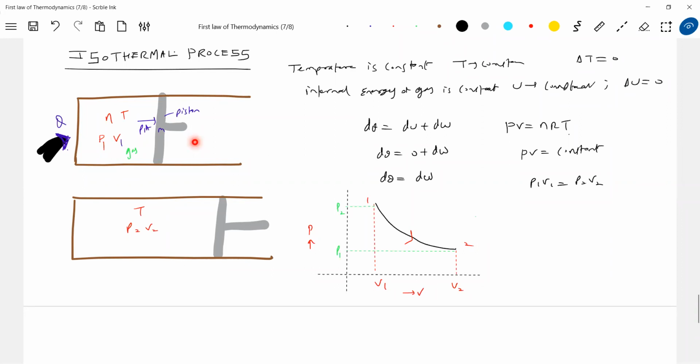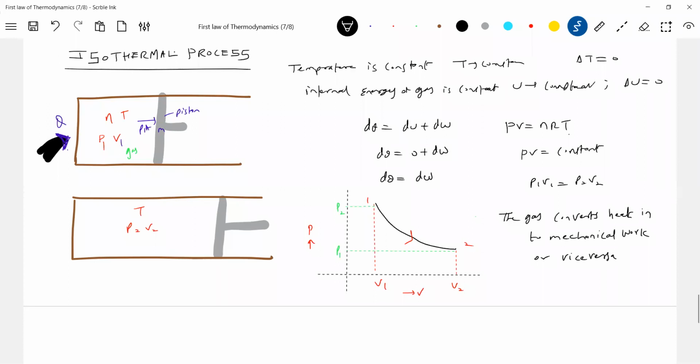Very good thing, no? So in an isothermal process, the gas converts heat into mechanical work or vice versa. Don't write heat energy, because heat itself is energy. It's a very good thing.